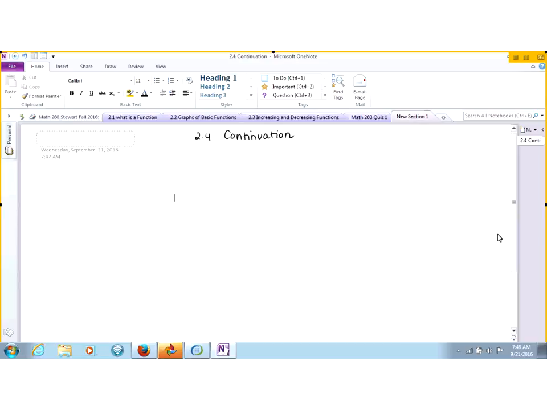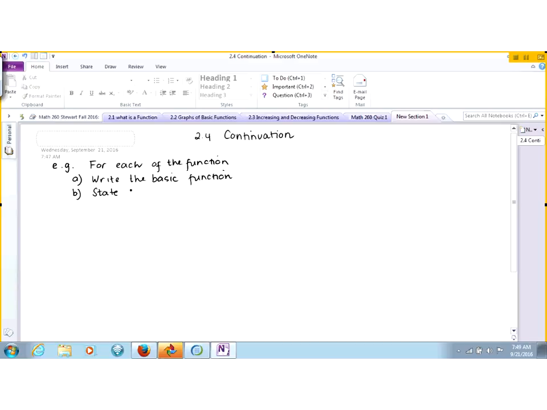So what we want to do is the following. For each of these functions, A, write the basic function. B, state the transformation.